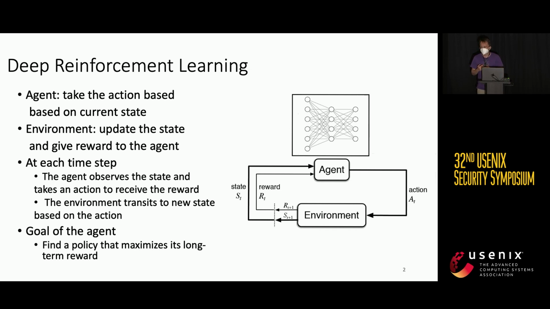At the same time, the environment rewards the agent based on how good the action was. If you hit the ball, you probably get a positive reward. If you miss the ball, you get a negative reward. The goal of the agent is basically to maximize the amount of reward it can receive. So that's the basic setup of reinforcement learning.